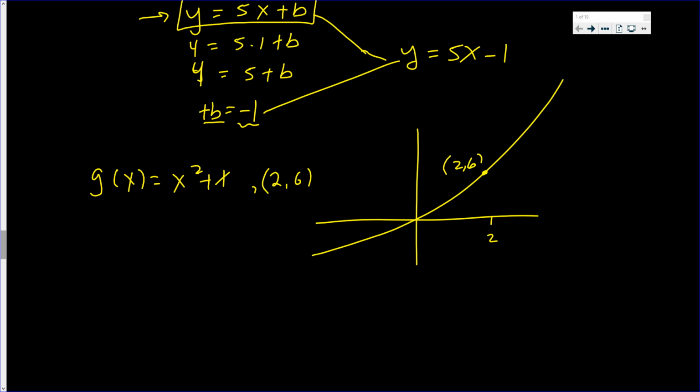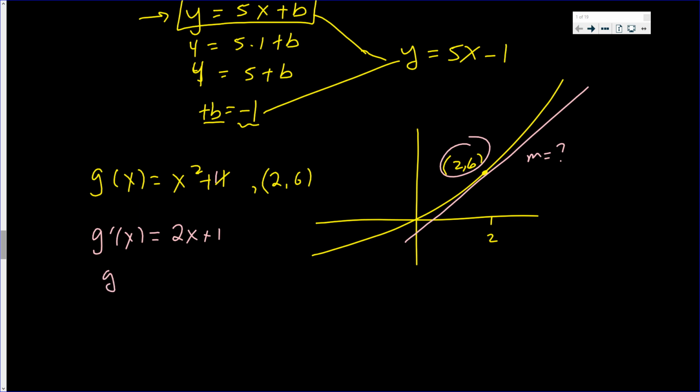And we want the equation of that line. Well, we have a point. We just need to find out what the slope is. But the derivative will give us that. The derivative is 2x plus 1. So the derivative at 2 will be 2 times 2, 4, plus 1, just 5. I think that's what we got before. So the slope is 5.